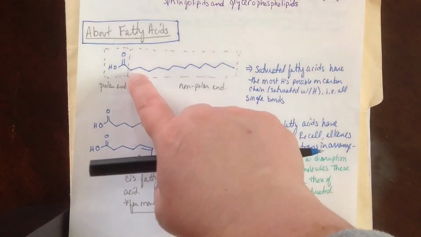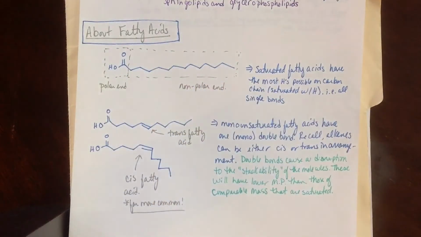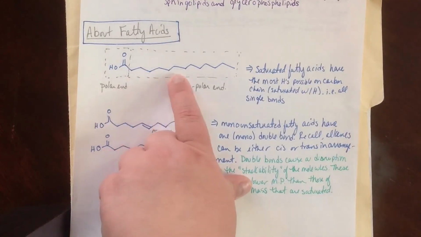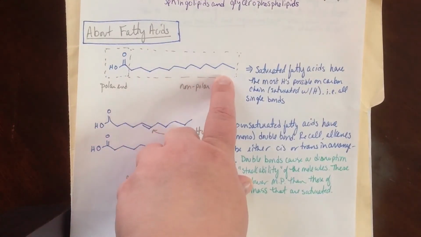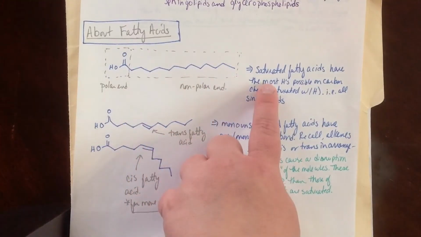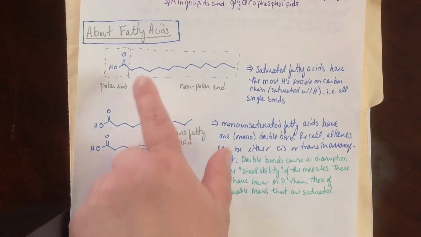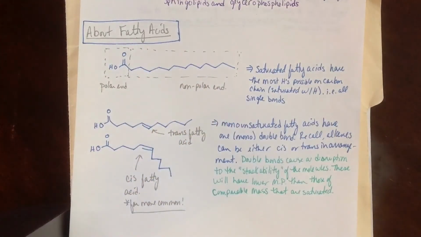And down here where we have all these chains of carbon and hydrogen, that's where the nonpolar portion really lives. All of these are single bonds. And so that's what we define as a saturated fatty acid. In other words, it has all the hydrogens it can take in the carbon chain, okay?